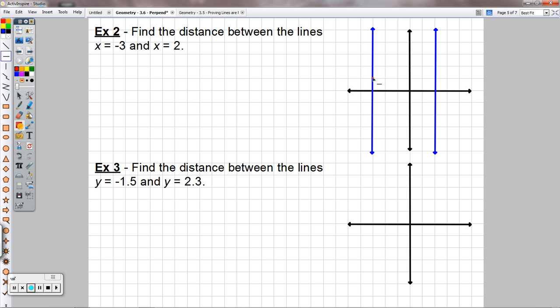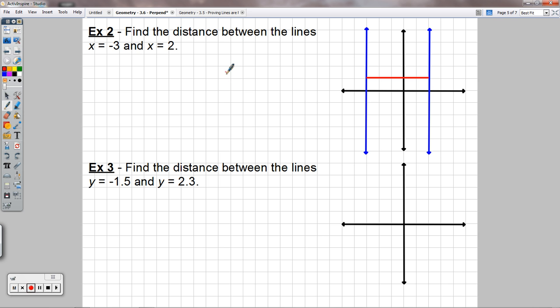I'll do that in red. So from here to here, that'd be the distance. So how long is that horizontal segment right there? You just count it up, really. -3 to 2, that's going to be a jump of 1, 2, 3, 4, 5. So what's the distance in this case?